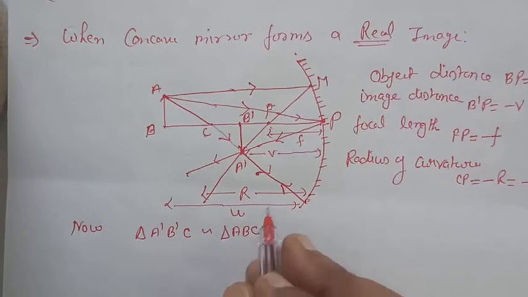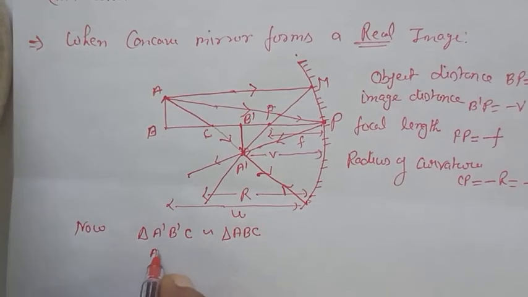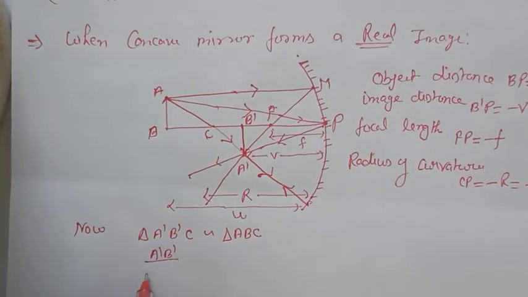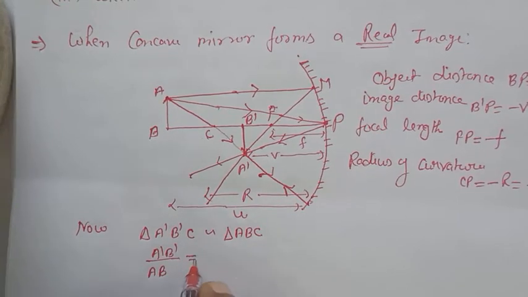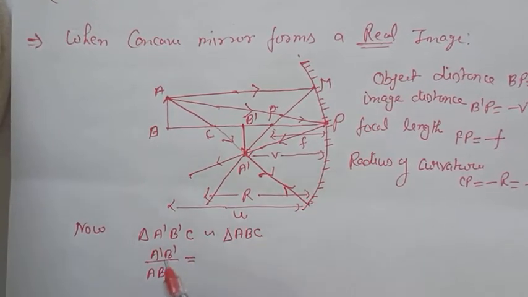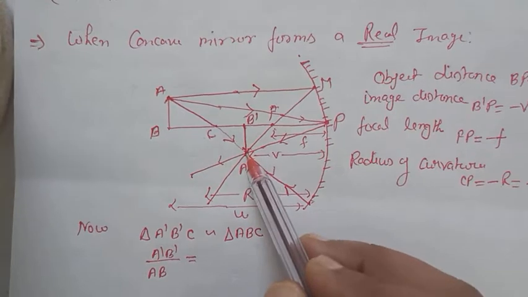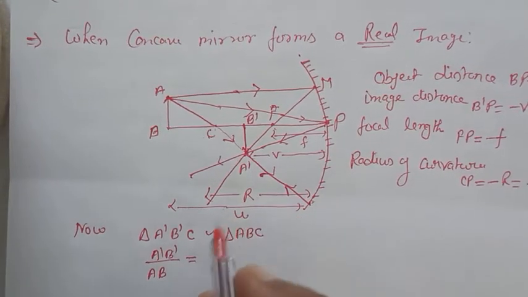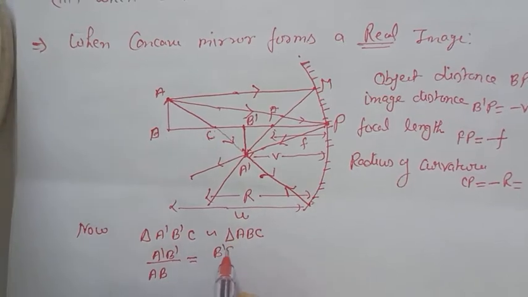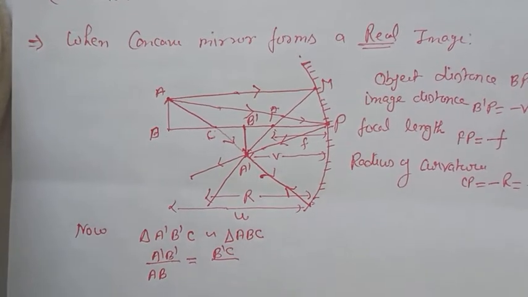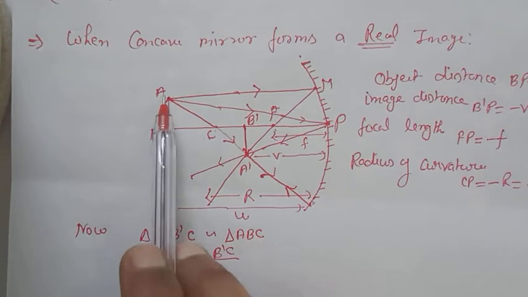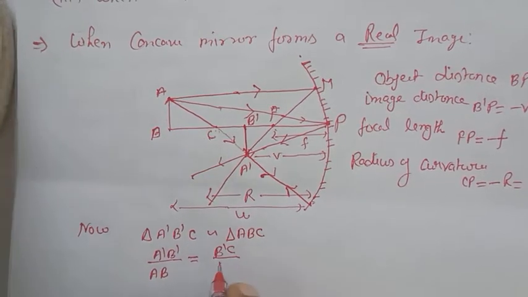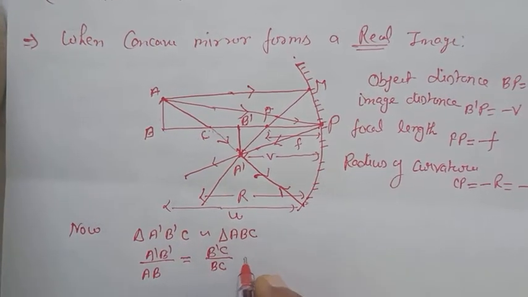Taking the ratio of heights, A dash B dash over AB equals the ratio of bases, B dash C over BC.